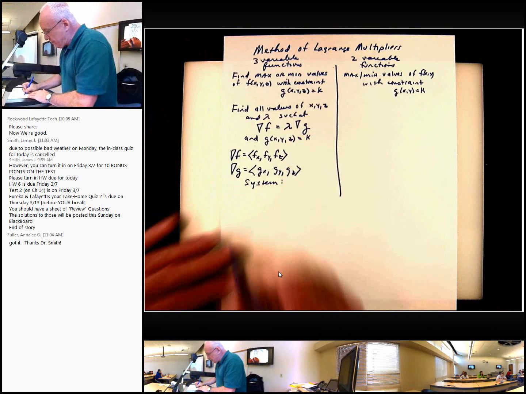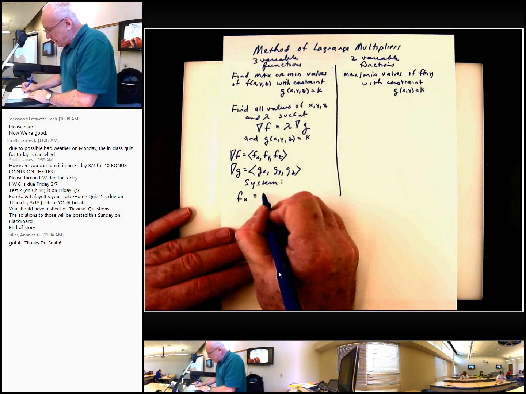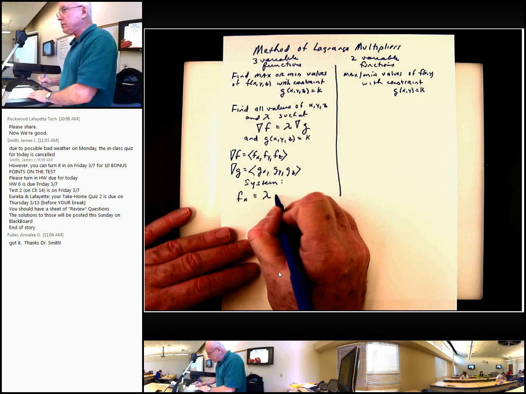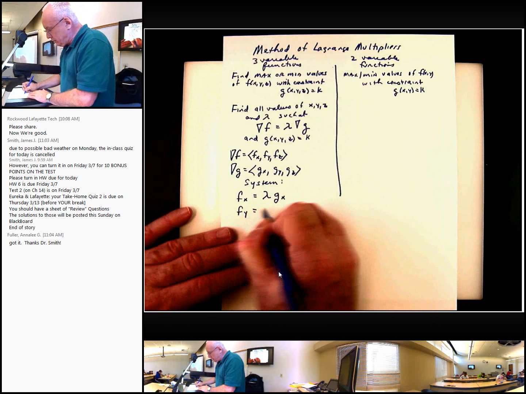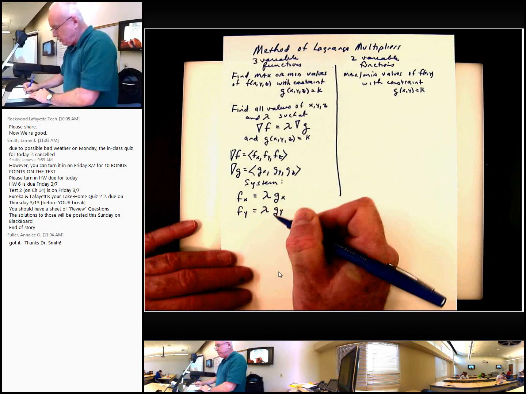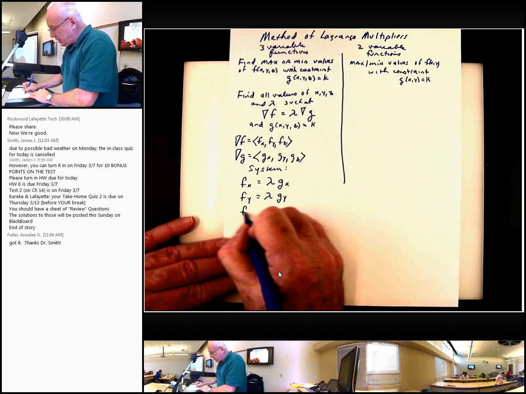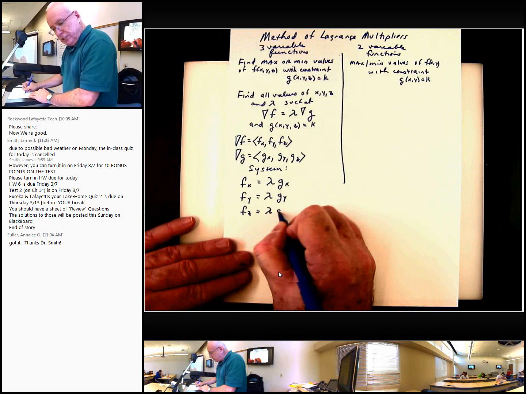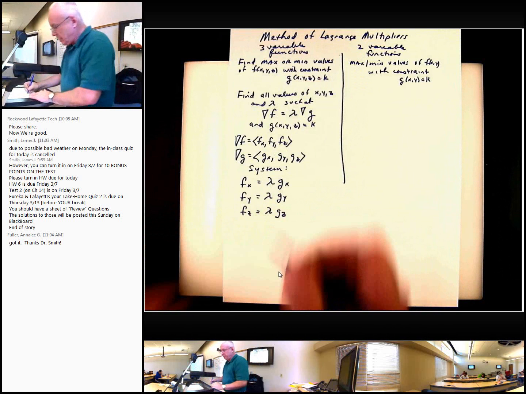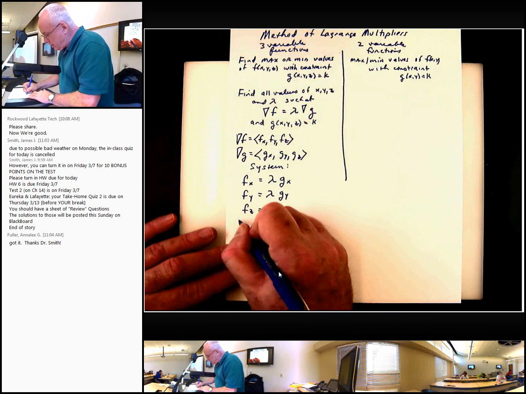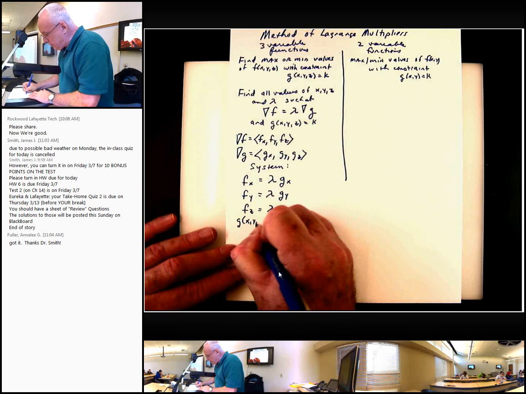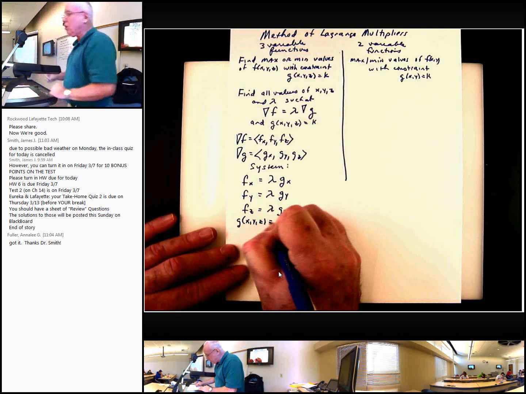So fx has to equal lambda times gx. fy has to equal lambda times gy. fz has to equal lambda times gz. And g of x, y, z has to still equal our k.